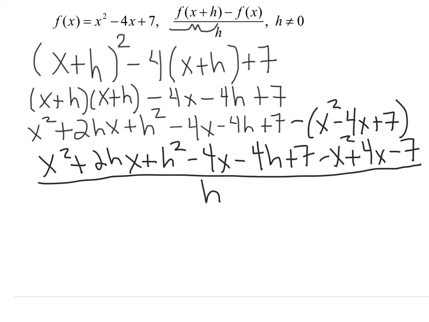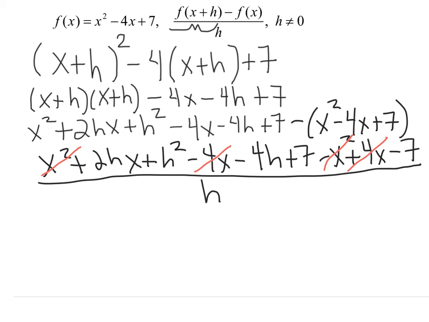Now we're going to go ahead and simplify this numerator. So, do I have any x squareds? Yes, I do. I have x squared and a negative x squared, so those cancel out. I don't have any other 2hx terms. I don't have any other h squared terms, but I do have a negative 4x and a positive 4x.